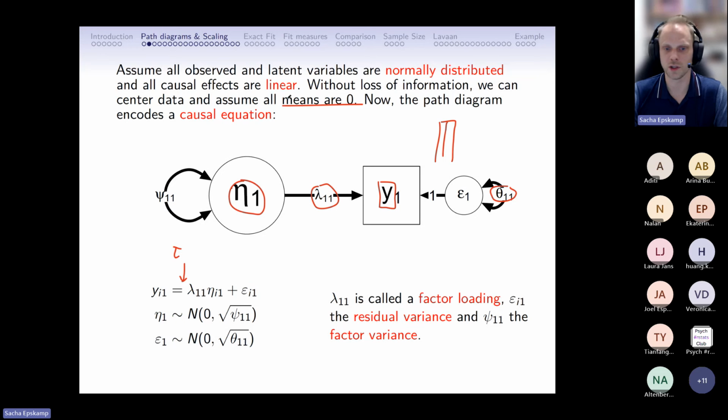Because we assume the means are 0, that drops out, so it becomes a bit simpler. This is very similar to a normal regression model where you have B0 plus B1 times X plus error. The only difference is that X is now not observed. So that's why we call it eta. And these subscripts are there because you can have multiple latent variables.